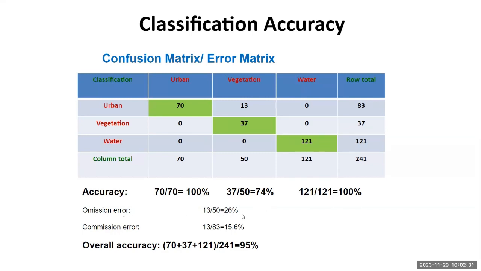That means 26% of our vegetation area is underclassified. That's what it means: omission error means underclassified. And 13 of our actual vegetation is mapped as urban. So 13 over 83 tells us that we have 15.6% commission error. That's for the urban class. That means in our classified map, about 16% of urban is overclassified.